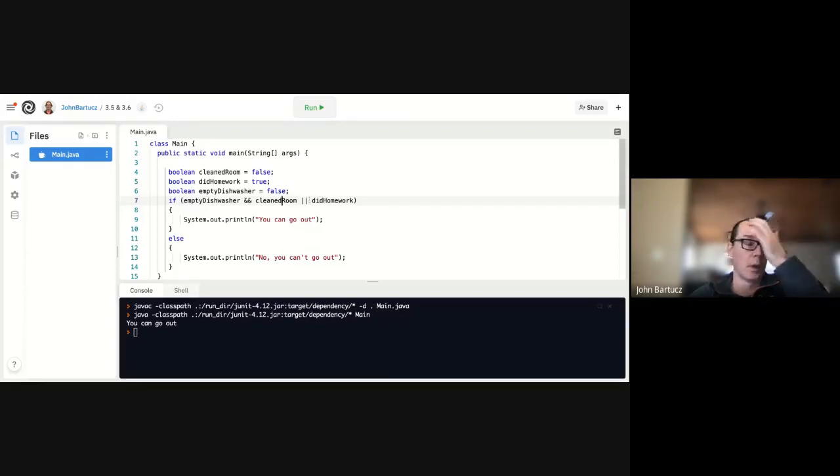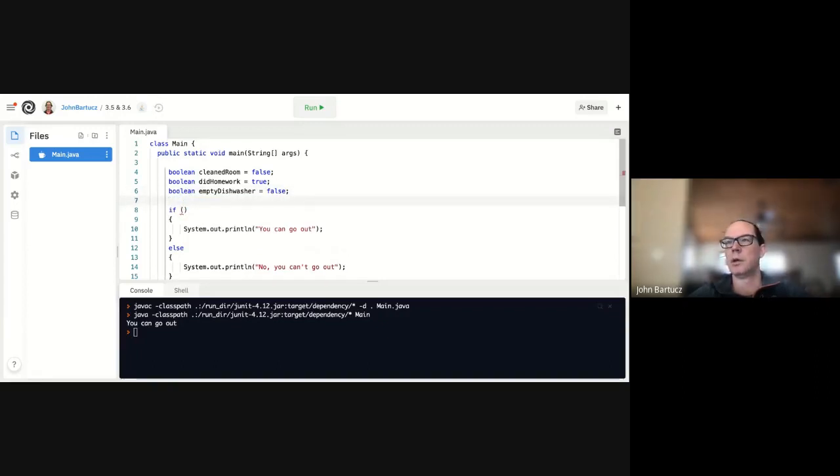The other symbol that you need to know is the not symbol, and the not symbol is an exclamation mark. Let's add something new. What is something bad? Boolean slept late equals.